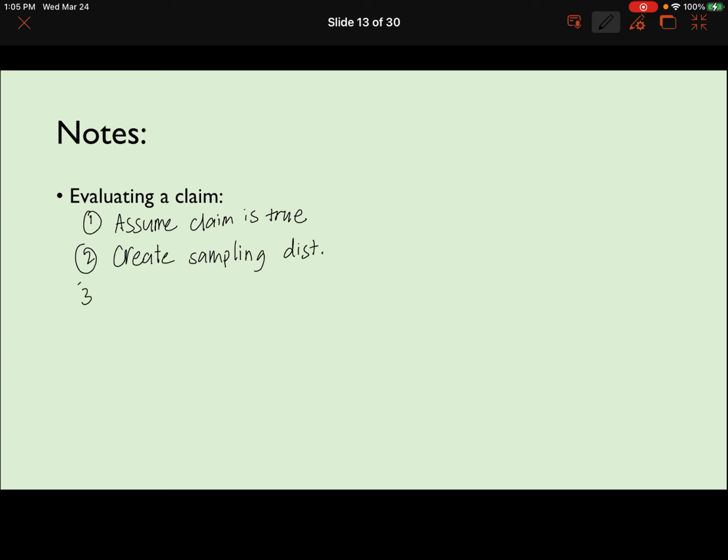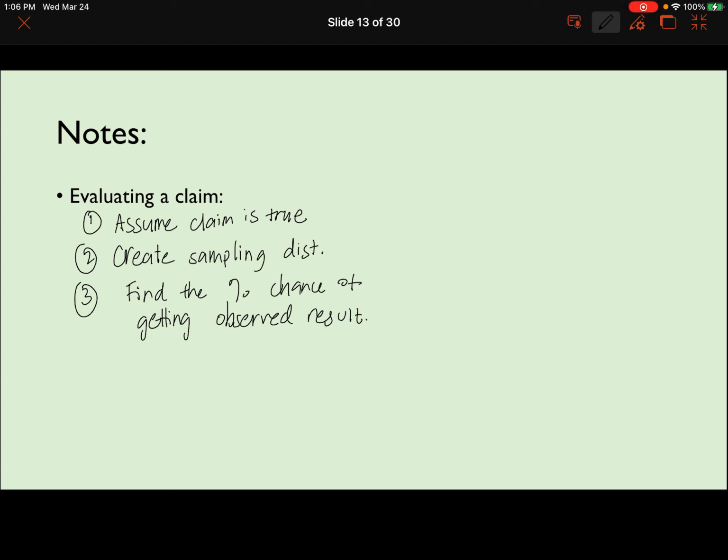And then based off of that, we're going to find the percent chance of getting the observed result. All right, that might be a bunch of nonsense to you. I'll try to clear it up a little bit.